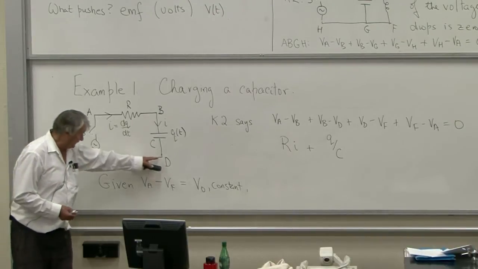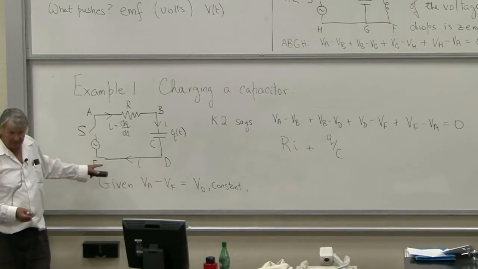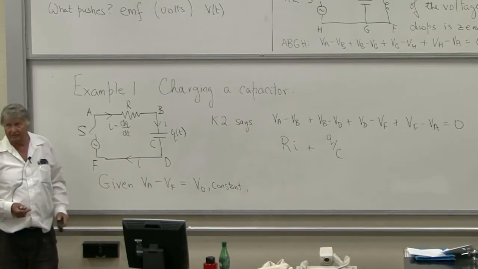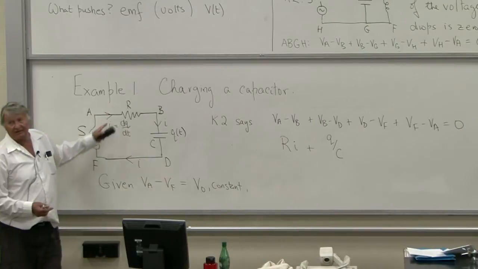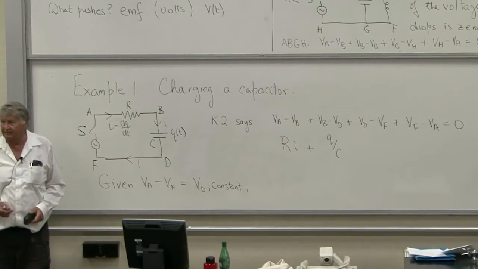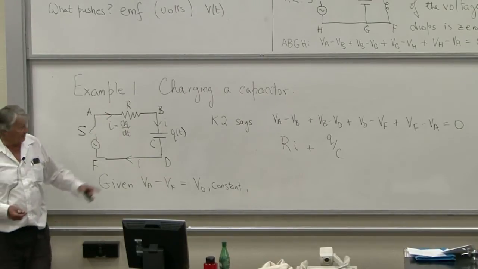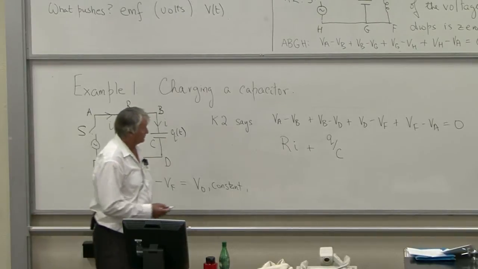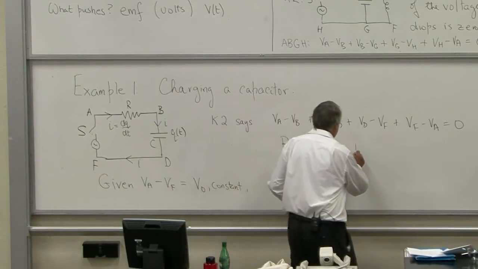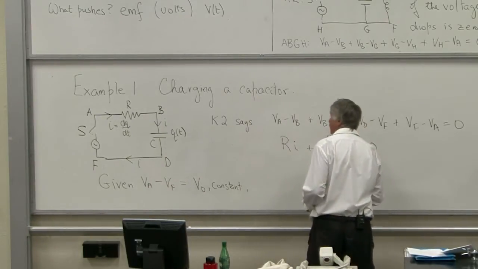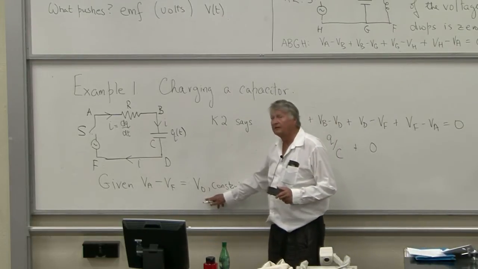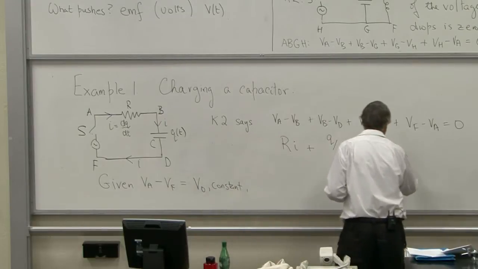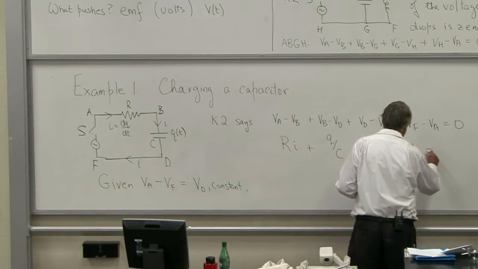Of course there's a little resistance in the wire, but we're thinking in this circuit that most of the resistance is kind of holed up here in this particular large resistance R. So plus 0. And what's VF minus VA? Negative V naught equals 0.